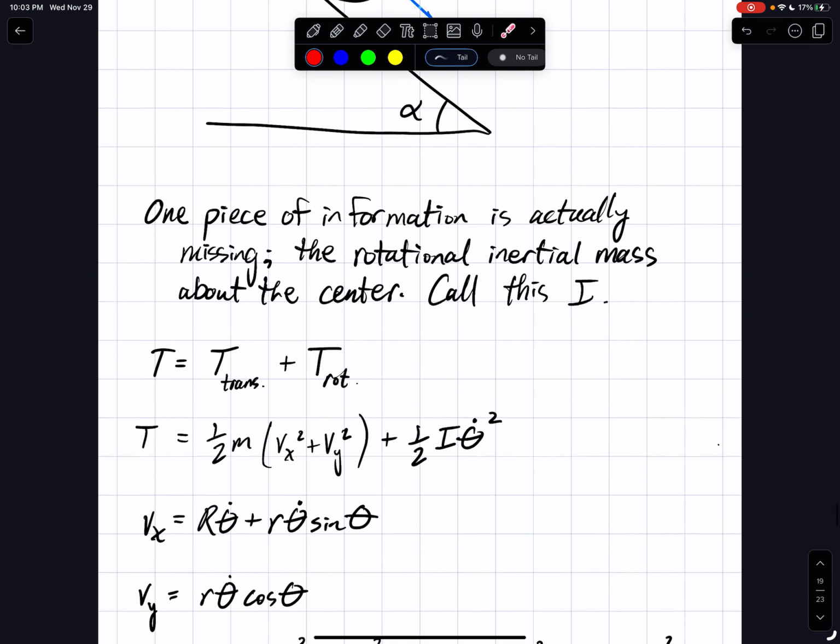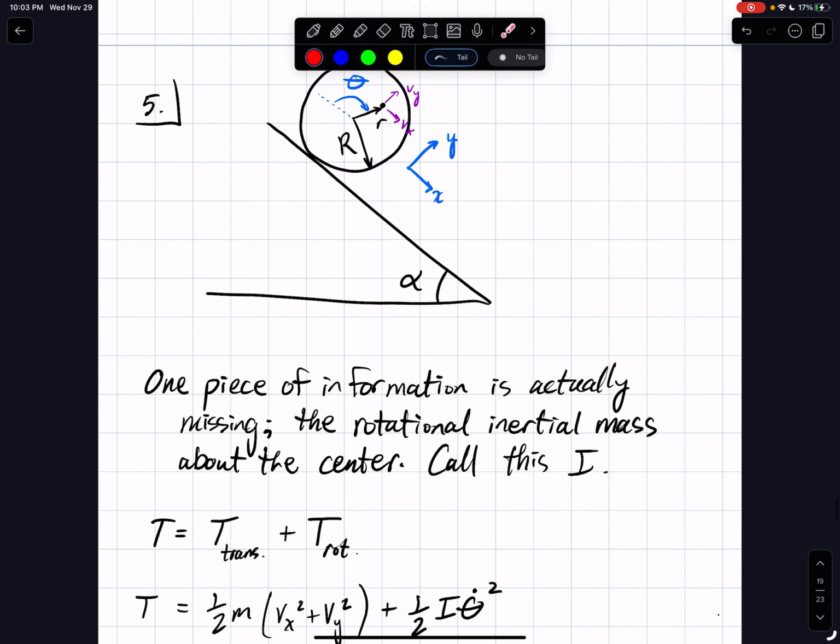And we can find the velocity in the x direction and the y direction separately. So the velocity of the center of mass here has two components, Vx and Vy. If we look at just the Vx component first, it is made up of how fast this ball is moving, so the center, plus how fast this little point is moving relative to the center.